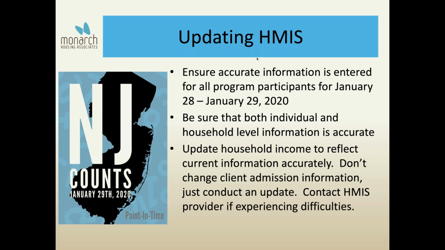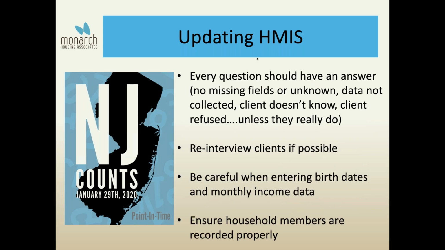Contact your HMIS provider if you're experiencing difficulties. Every question should have an answer. There should be no missing fields, unknown, or data not collected, or client doesn't know unless they really don't. During the interview with clients, be careful when entering birthdays and monthly income. Be sure that those numbers are accurate, and ensure that all household members are recorded properly.